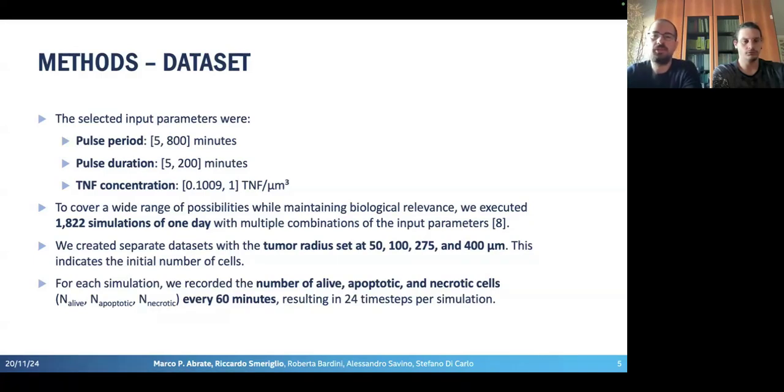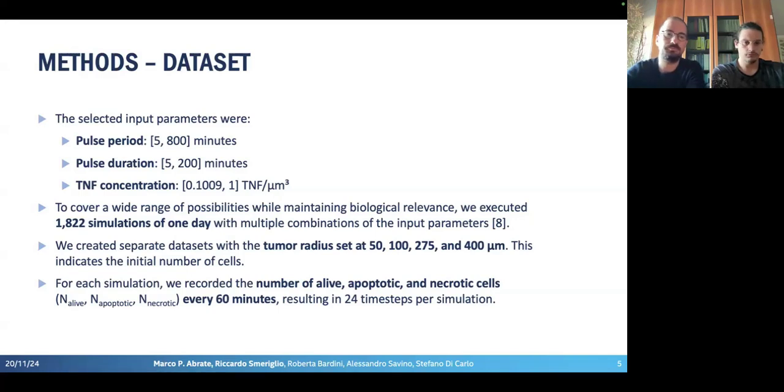And of particular importance is that we created separate datasets based on the tumor radius parameter that we used, that goes from 50 to 400 micrometers. And this indicates the initial number of cells used in the simulation. And as Riccardo said, we recorded the number of alive, apoptotic and necrotic cells at specific time intervals of 60 minutes throughout the simulation.